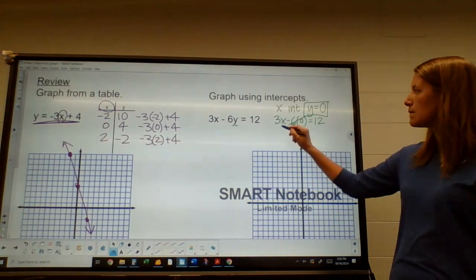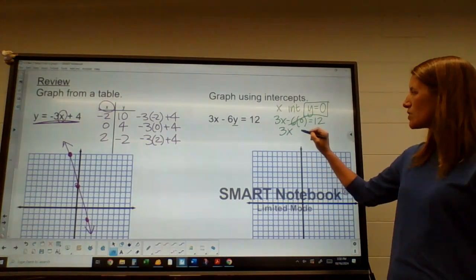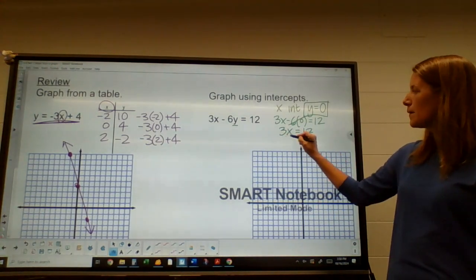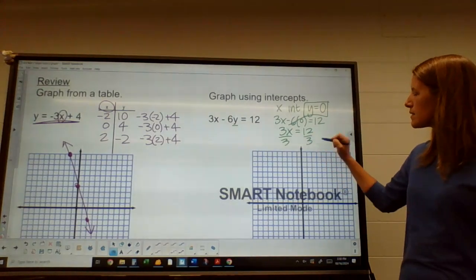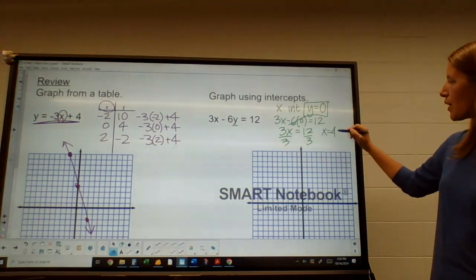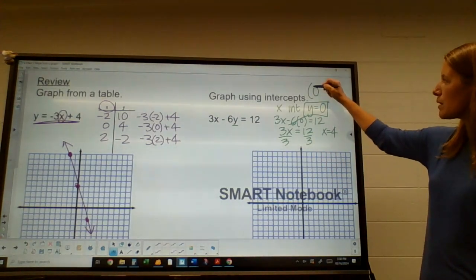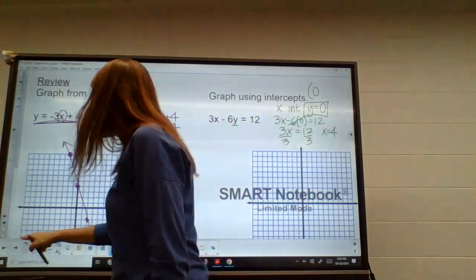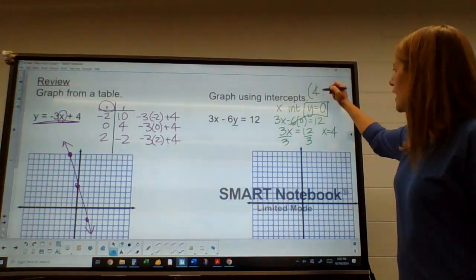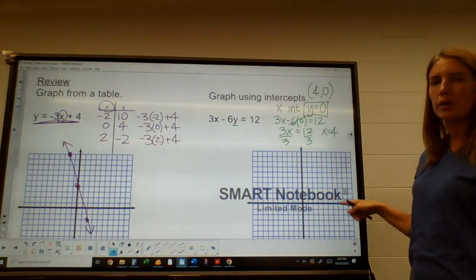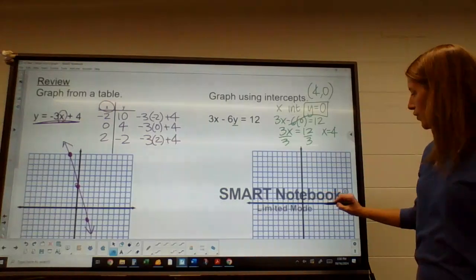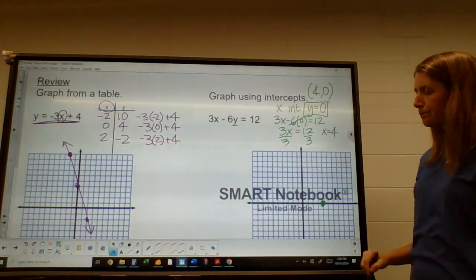This cancels, because that just ends up being 0. So I'm going to divide and solve and find out my x is 4. So this is my first coordinate point. Sorry, I wrote that wrong. So 4, 0. So that's going to be my first coordinate point on this graph. So 4, 0, I'm going to put a dot there.